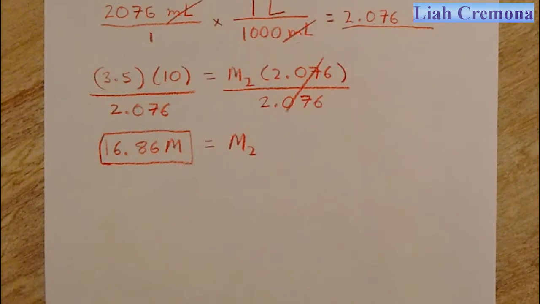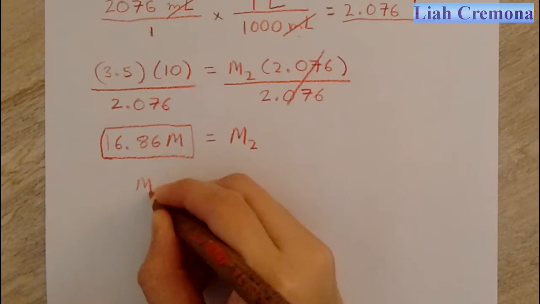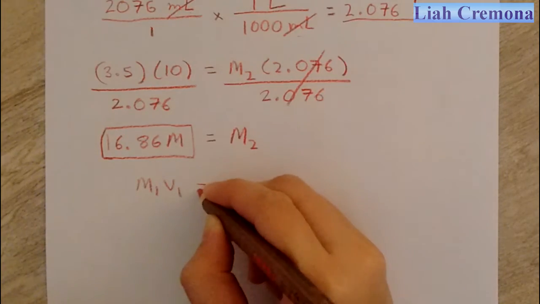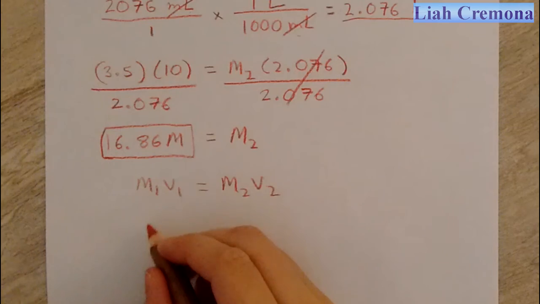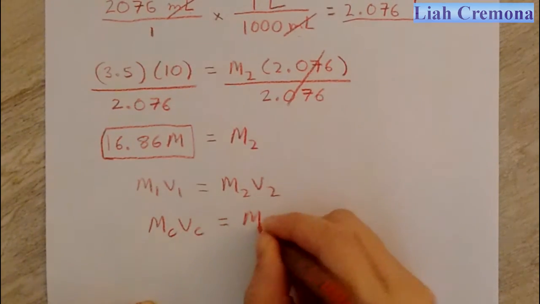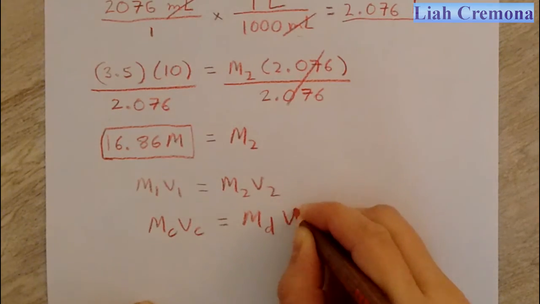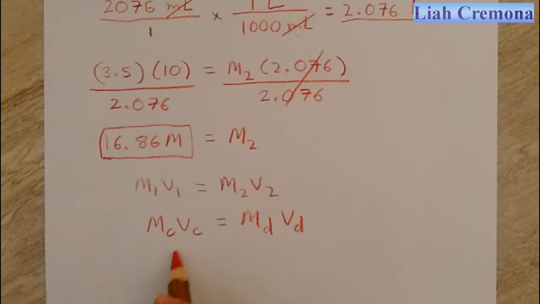Another thing to note here is that you might see the equation M1V1 equals M2V2 represented as McVc equals MdVd. It works the same way. Pick one side as the initial values and one side for the resulting values.